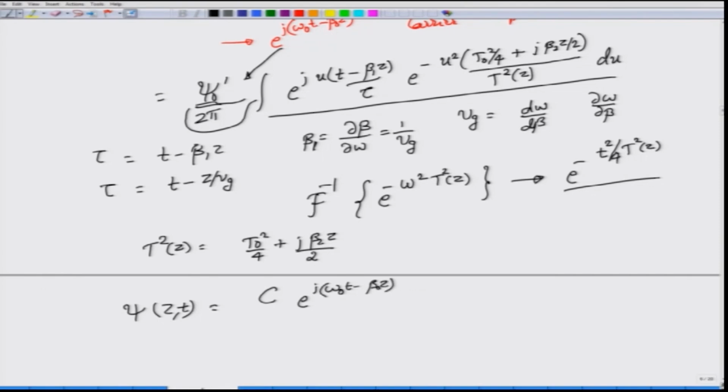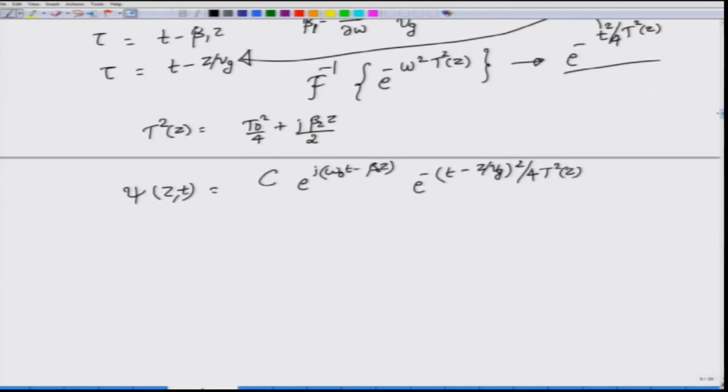But remember, this was the Gaussian Fourier transform, and it is not this t that I am looking at, it is actually t minus z by Vg, because t itself is given by t minus beta 1 z. So you get e to the power minus t minus z by Vg whole square divided by some 4 t square z. This is the Gaussian pulse that I have obtained.